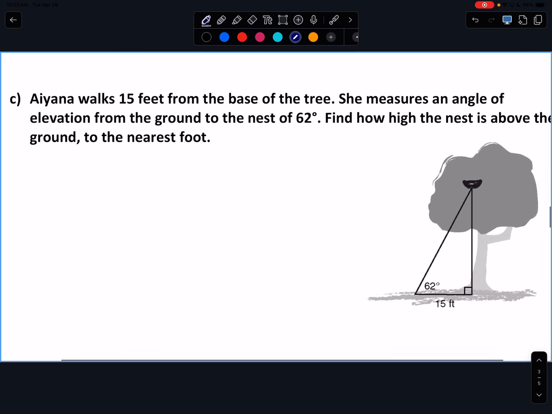All right, I'm going to let you try this one. It has a picture for you. So go ahead and try it. It says, Ayana walks 15 feet from the base of the tree. She measures an angle of elevation from the ground to the nest of 62 degrees. Find how high the nest is above the ground to the nearest foot.